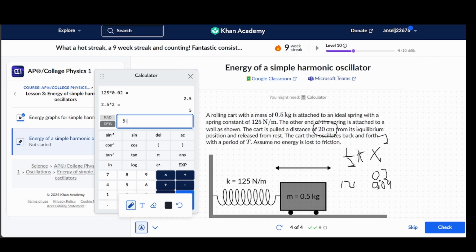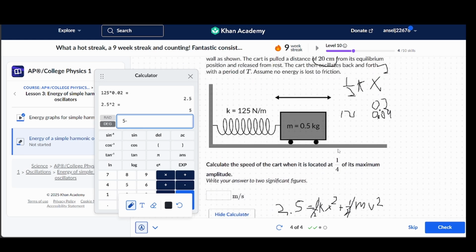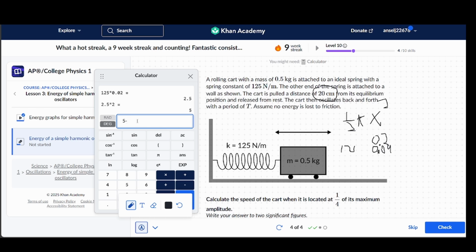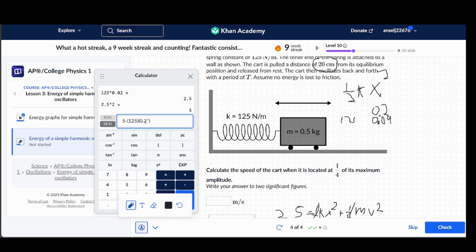What is kx squared? What is x squared? 1/4. What is k? 125. And then this is 0.2 times 1/4. Okay, yeah. This is making sense to me now.